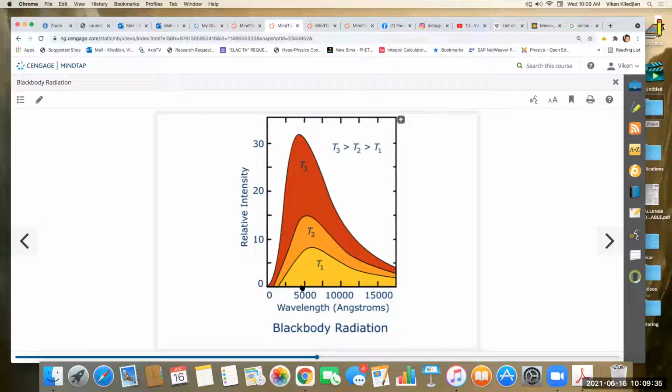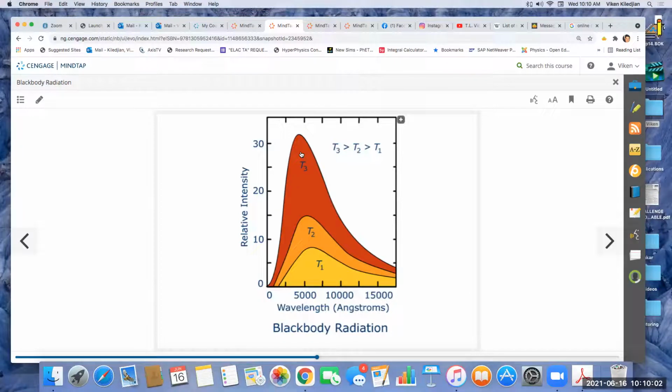So basically, remember how I said earlier, red has a wavelength of 700 nanometers and blue has a wavelength of 400 nanometers. So this object is the coldest out of the three. No, sorry, it's the hottest out of the three. And it will appear more blue.